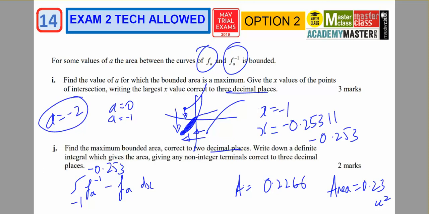I could write 2 lots of the integral from -1 to -0.253 of the top curve, which is f inverse of a minus x, dx. Or I could do 2 times the integral from -1 to -0.253 of x minus f of a, dx, or I could include the equations.